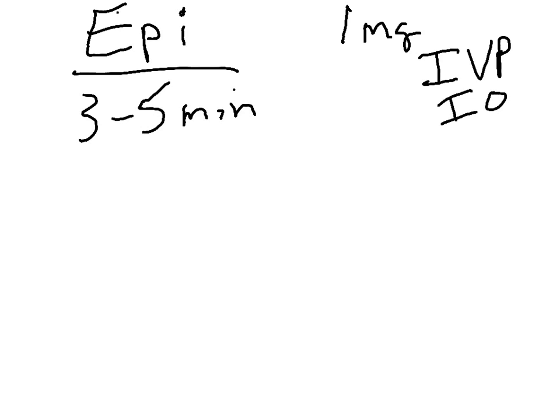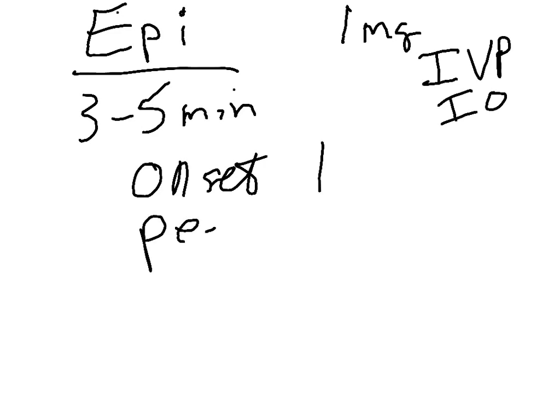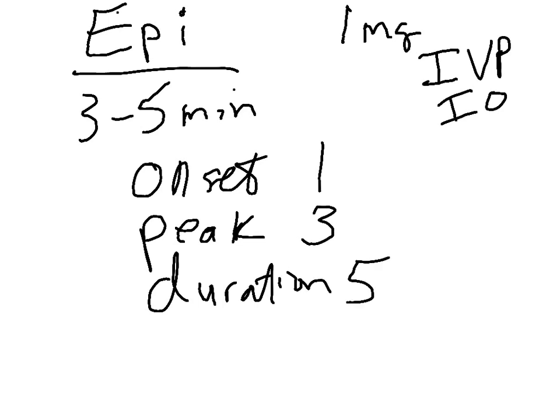That's because its onset of action is in a minute or two, meaning it starts working in, let's say, around a minute, and its peak is around 2 or 3 minutes, and its duration is no more than 5. So there's some facts for you.